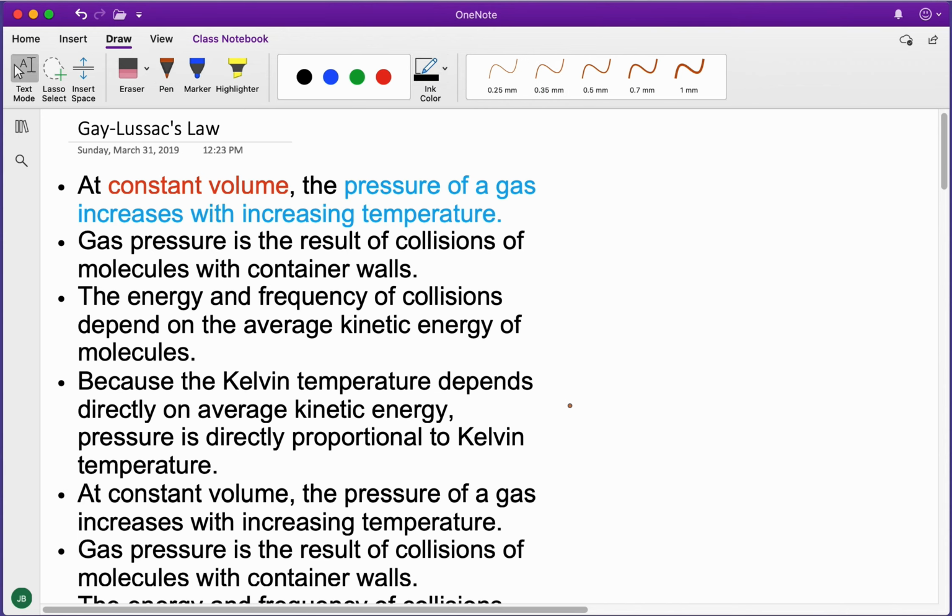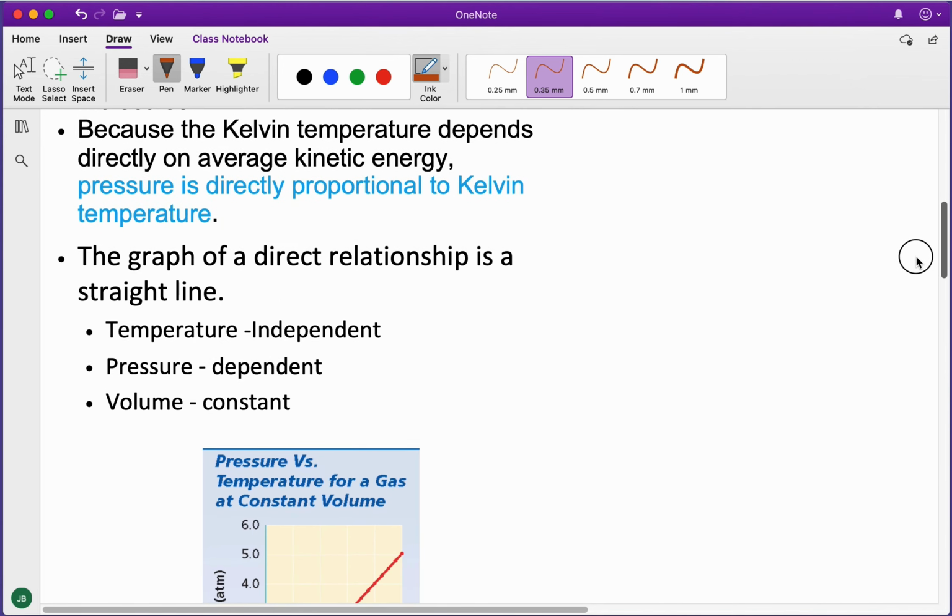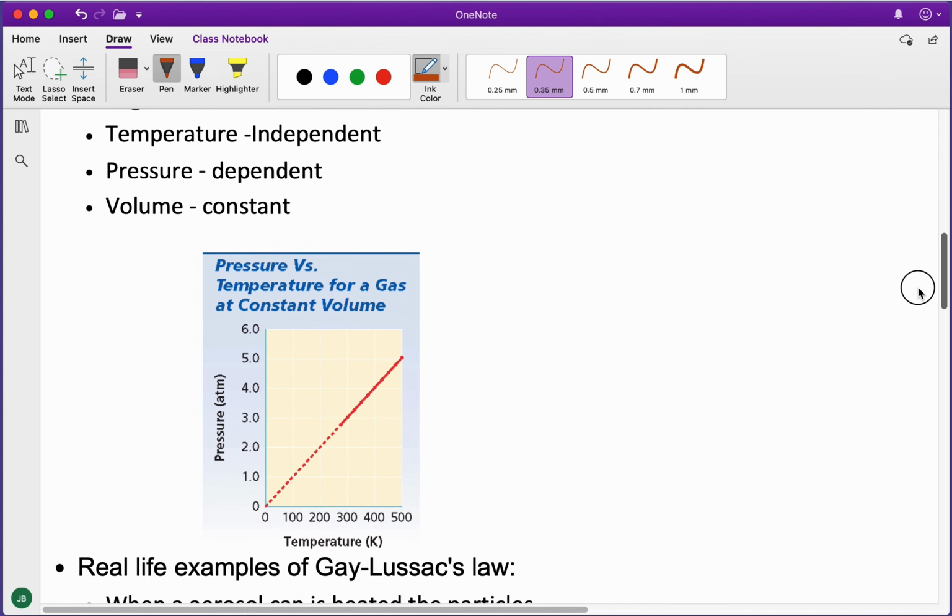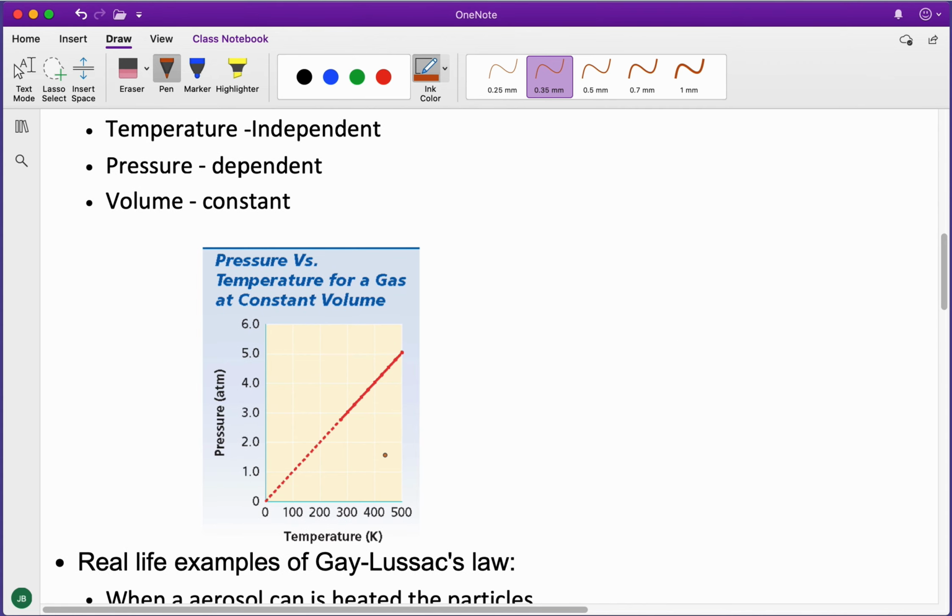As pressure increases, temperature increases. As temperature decreases, pressure decreases. And this leads to a graph for Gay-Lussac's law that shows that direct relationship, because it has this nice straight diagonal line.